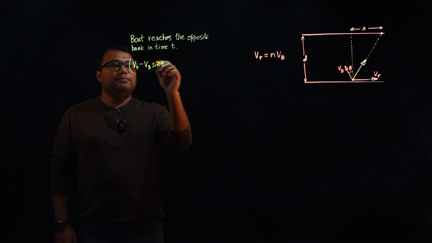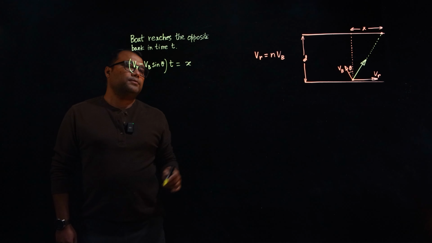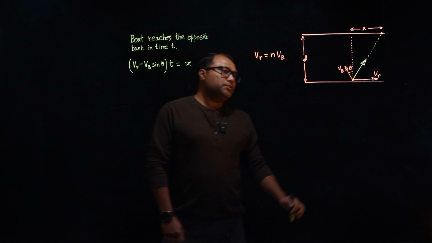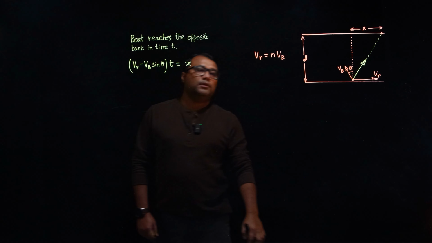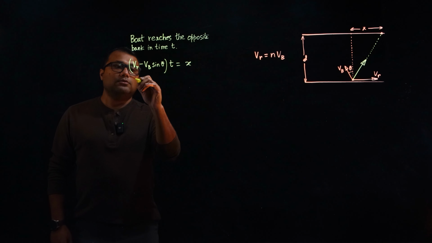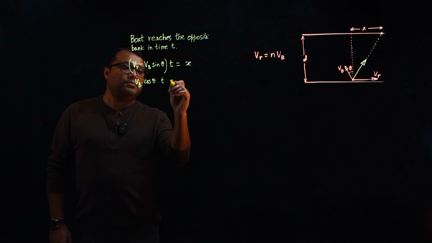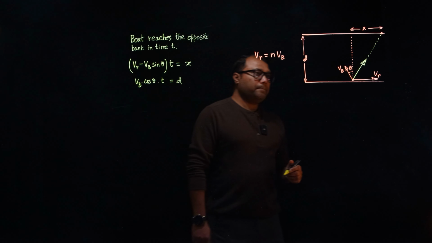So this times the time will give you the drift x. Also, VB cos theta is responsible for the crossing of the river. So VB cos theta times t should be equal to the width of the river d.